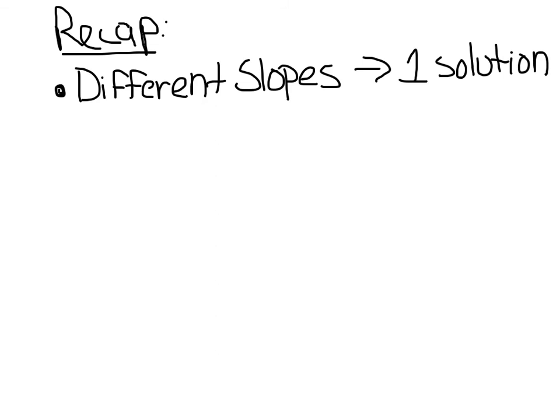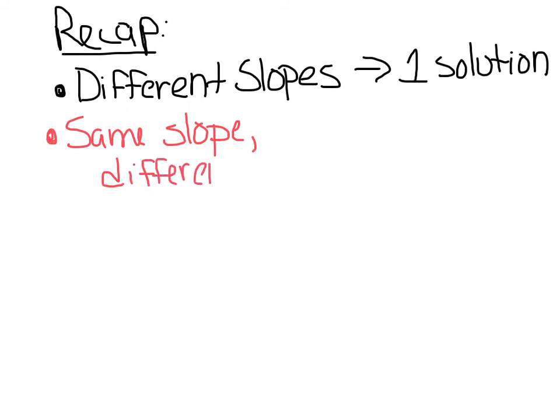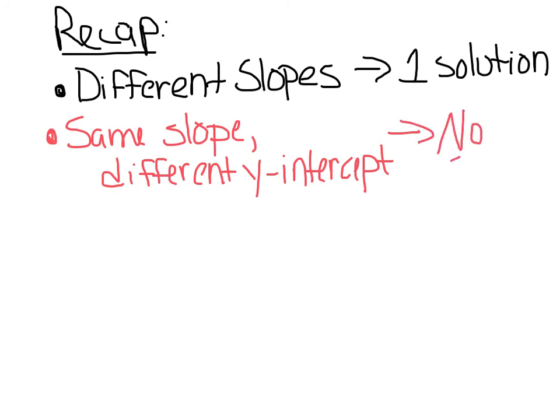If we have the same slope between our two lines and different y-intercepts, then we have no solutions, and that's when we have parallel lines.